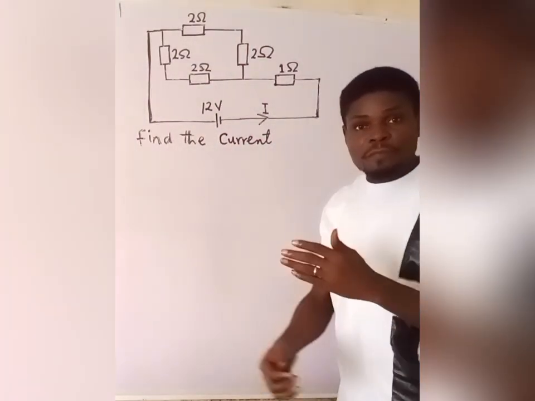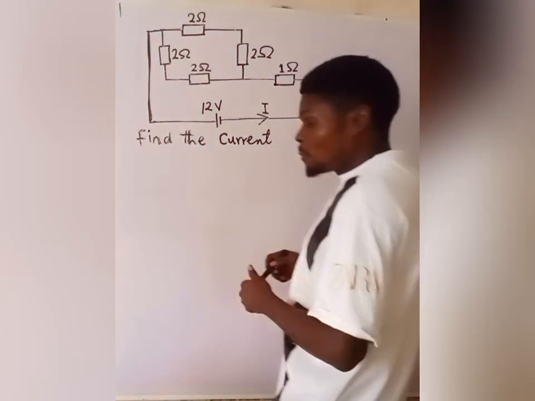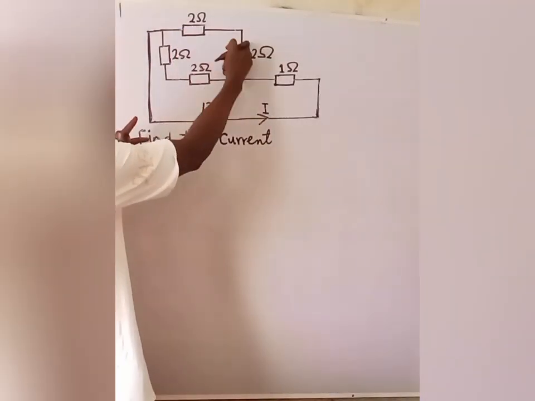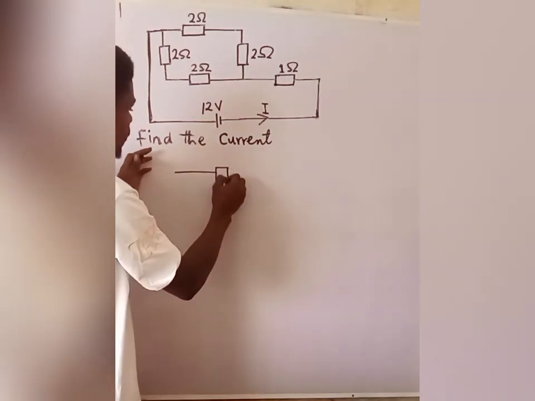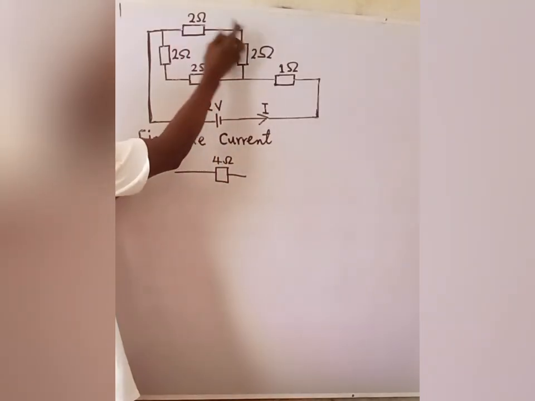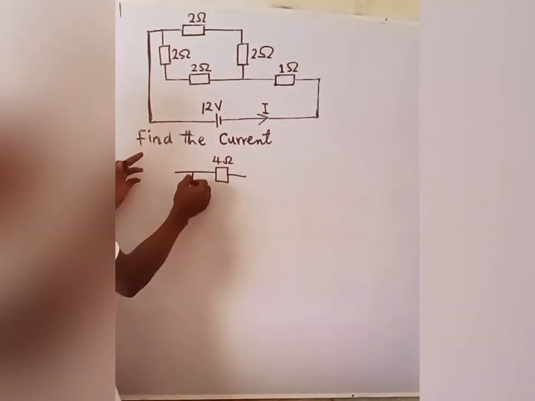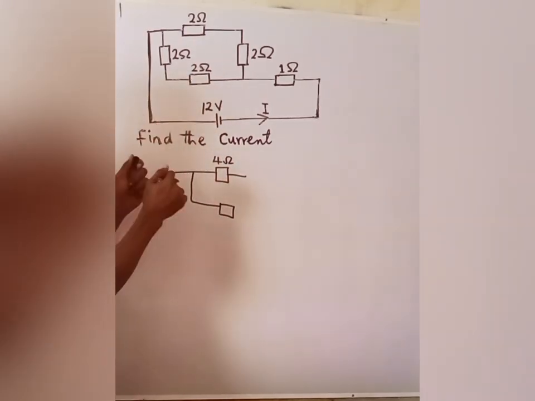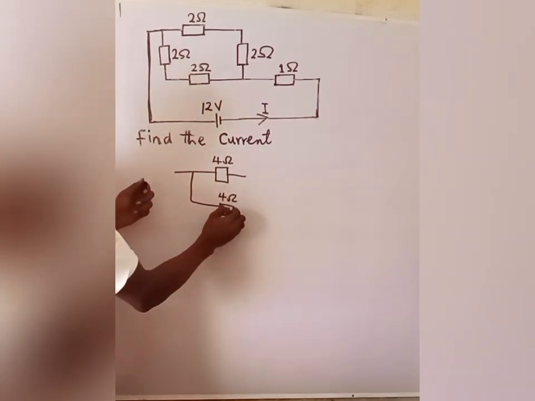So let's see a simpler diagram to this diagram. Adding 1, 2, we have 4. That means from the upper part, we have 4 ohms. This was gotten by adding this one and this one, all right? Then from the lower part, we now have 2 plus 2. That is another 4 ohms. Then we now join it.